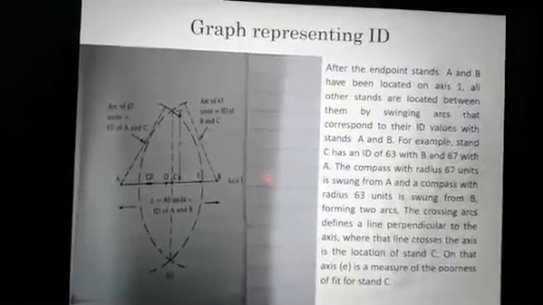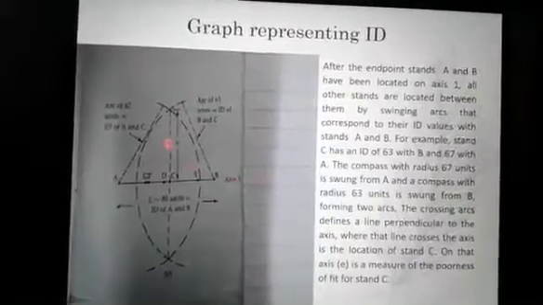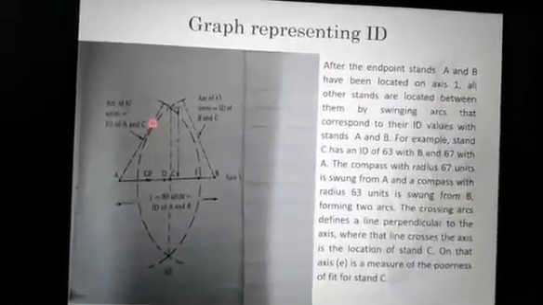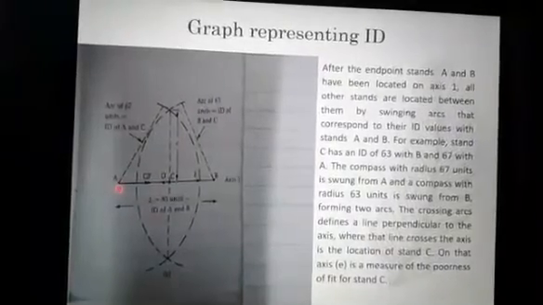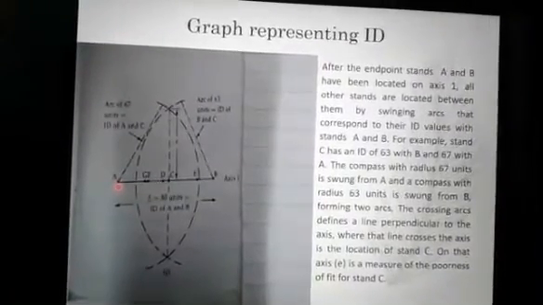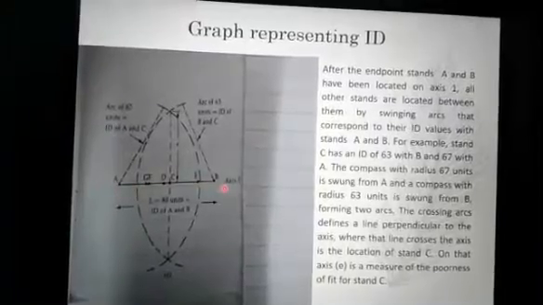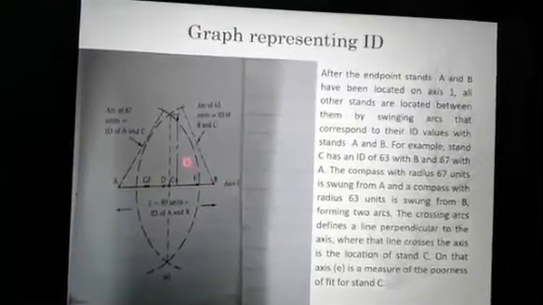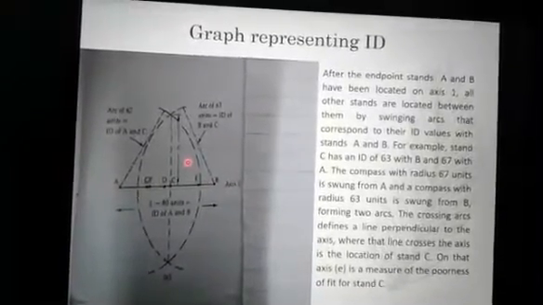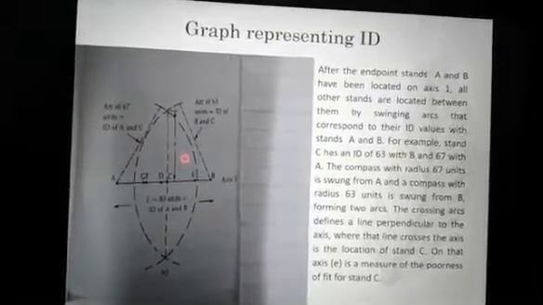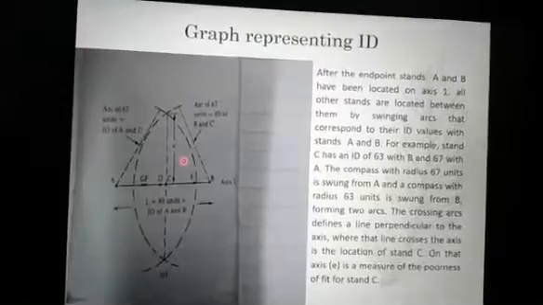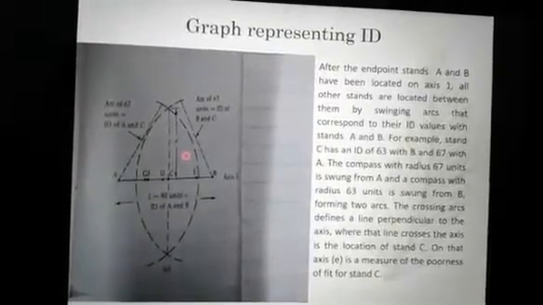So the compass with the radius 67 units is swung from A, and a compass with the radius 63 is swung from B, forming two arcs. The crossing arcs define a line which is perpendicular to the axis.